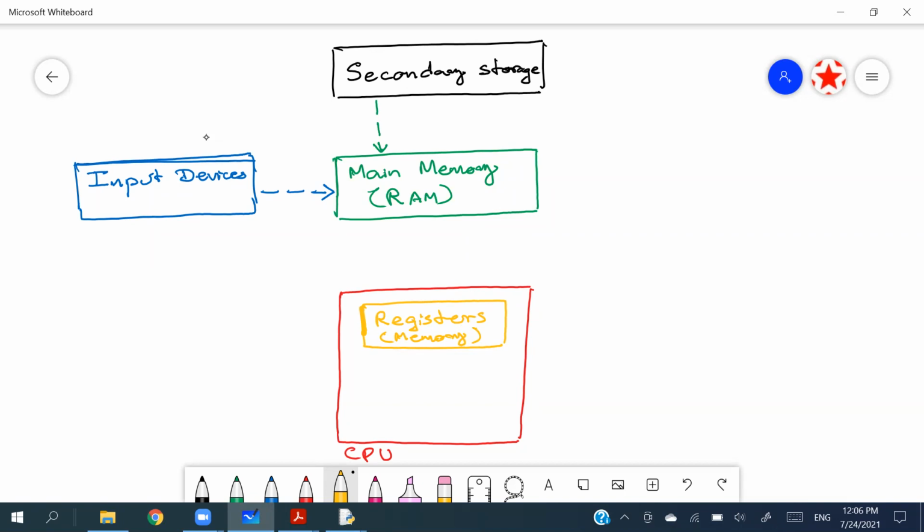And there is another component called the ALU, which stands for arithmetic and logic unit.